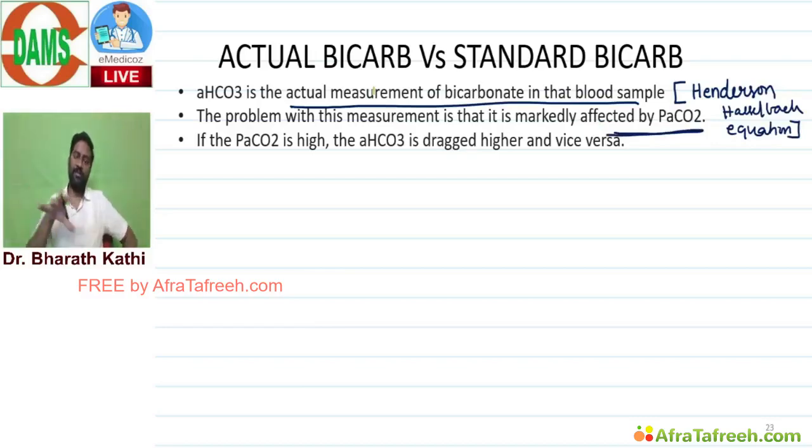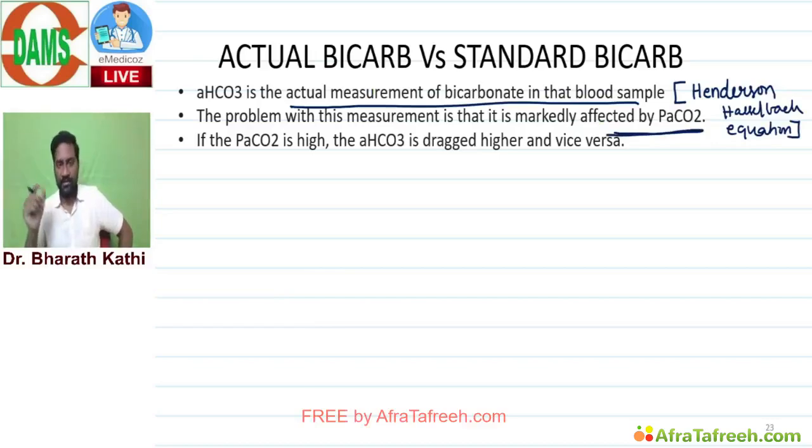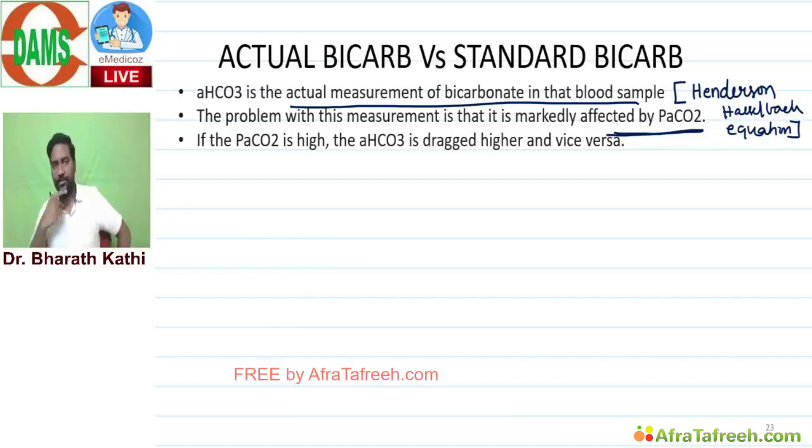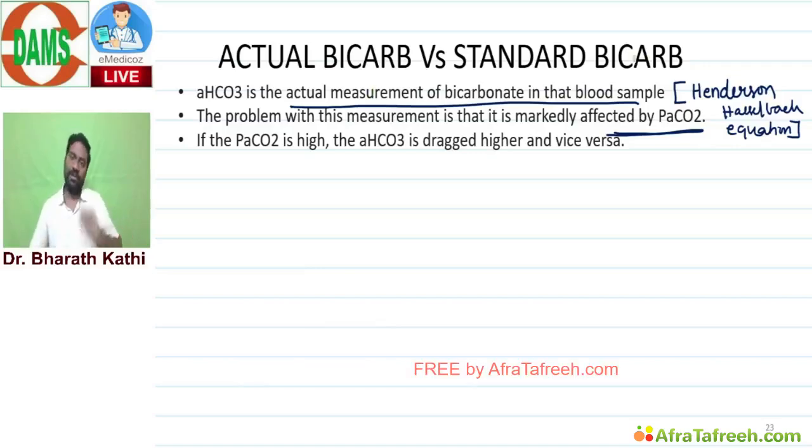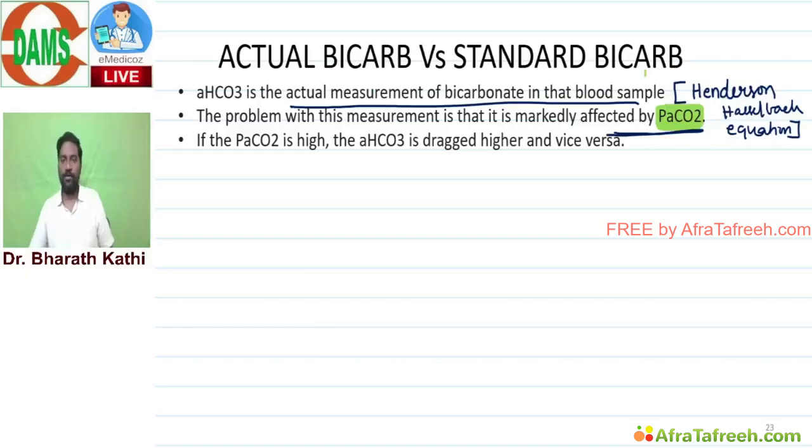For bicarbonate there will be no separate electrode to measure bicarbonate in the ABG machine. So it derives bicarbonate with the help of pH and CO2, by utilizing the Henderson-Hasselbalch equation. Because in the Henderson-Hasselbalch equation, the predominant parameter is CO2, definitely the bicarbonate will be influenced by the CO2.